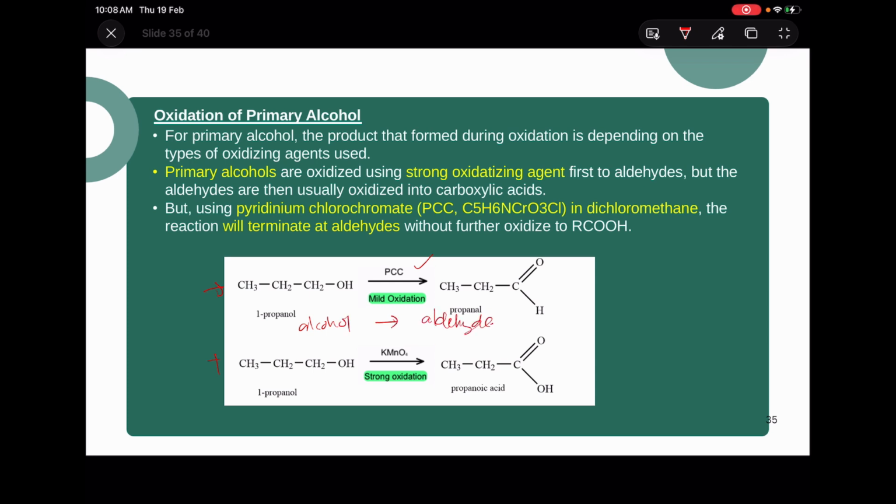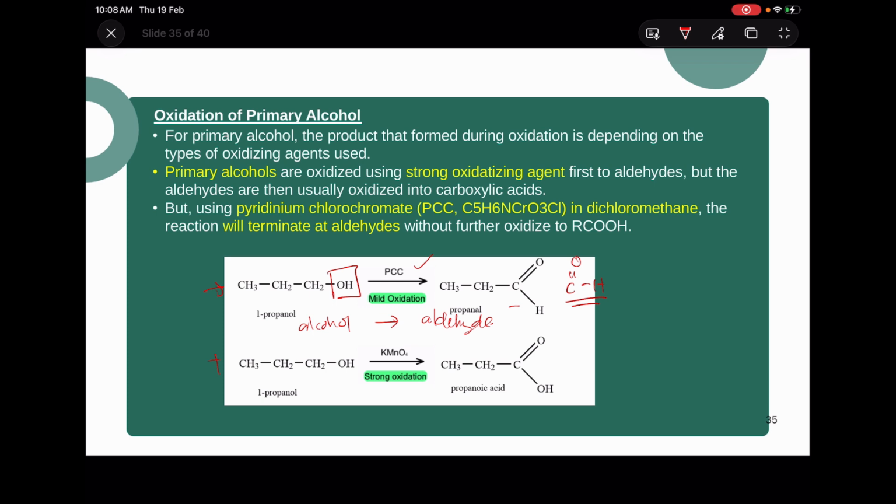So which means alcohol will oxidize and stop at the aldehyde structure. So which means the hydroxyl group will change into C double bond O H, which is the indication of the aldehyde functional group.